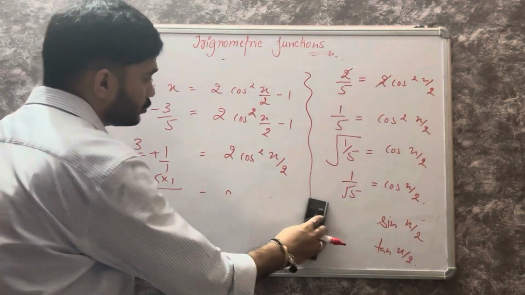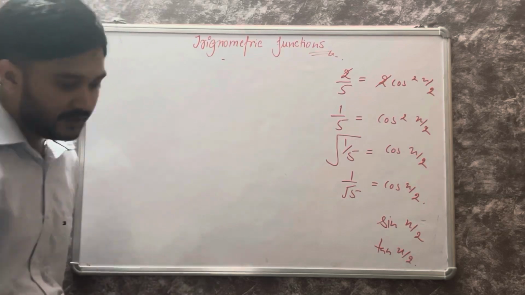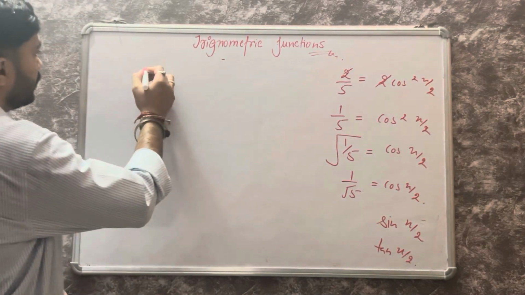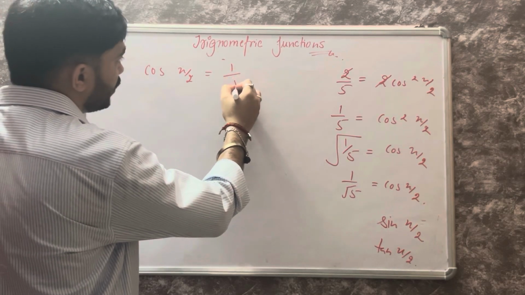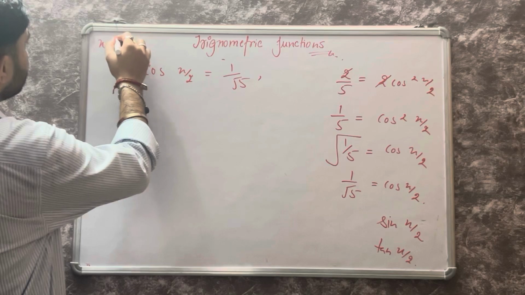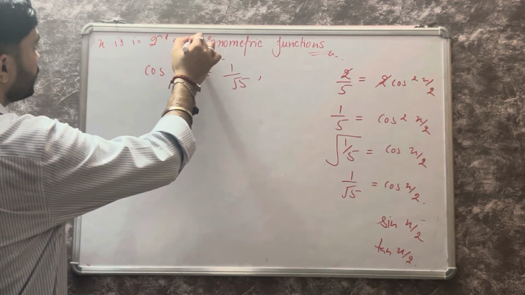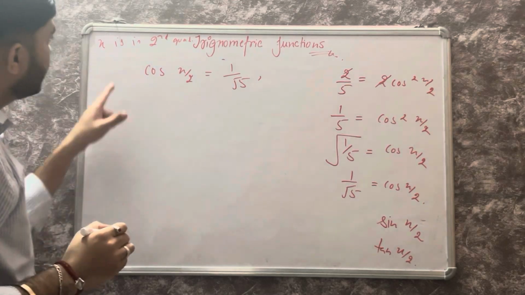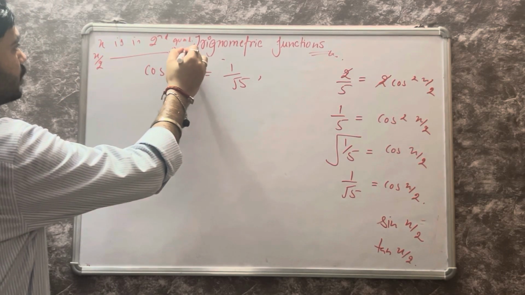How are we going to do so? Since we found the value of cos x by 2, that is 1 upon under root 5. But since x is in the second quadrant, if we divide x by 2, it will be in the first quadrant.